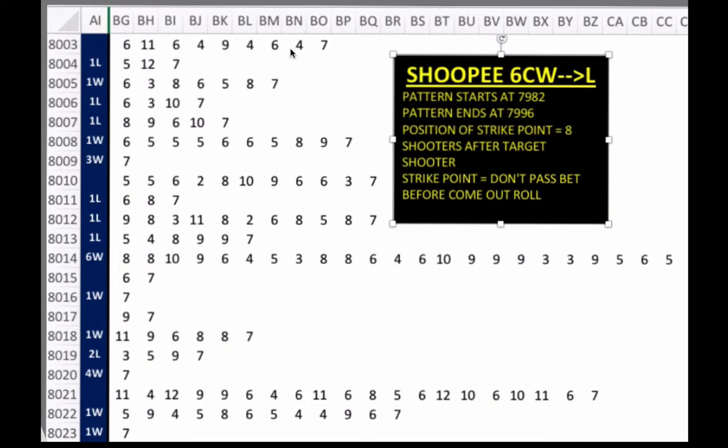Now, if you're looking at this from the standpoint of someone betting on the pass line and then losing. So you know that the 7 is the end of a series. If you're on a pass line bet, you're going to lose if your point doesn't repeat.